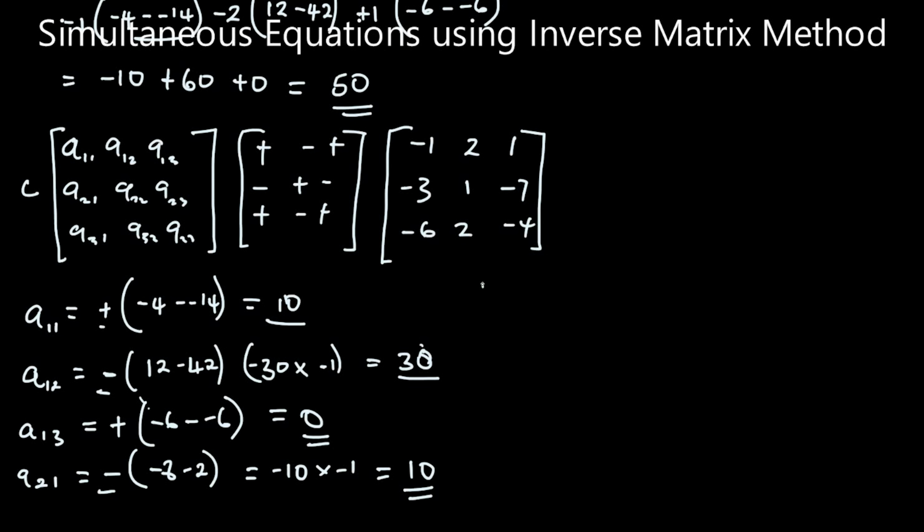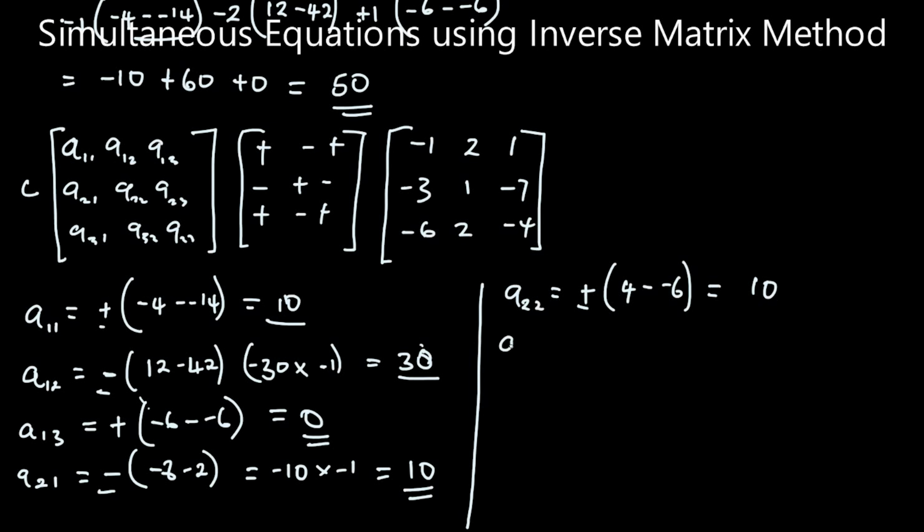We move ahead to A22. So for A22, the sign there is positive, you close the row and the column that contains A22, it should give you 4 minus minus 6. And 4 minus minus 6 is 10. The sign is positive, so it remains as it is.